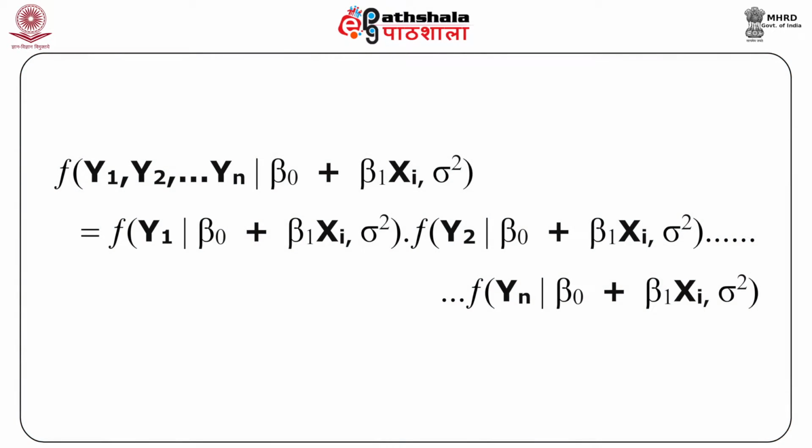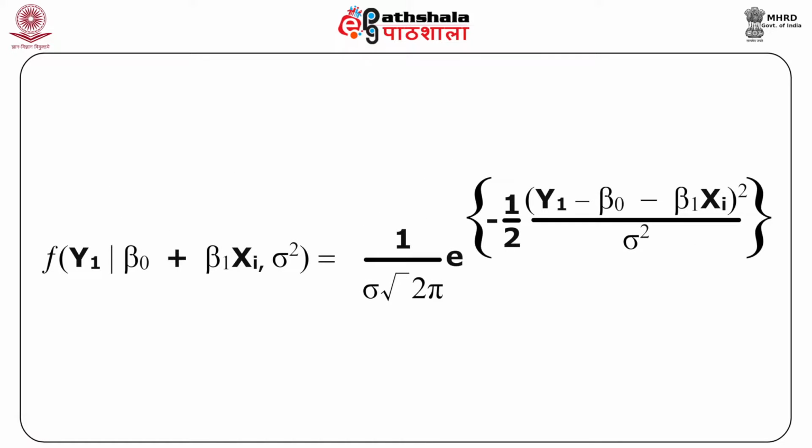Also, f(y1, y2, ..., yn | b0 + b1xi, sigma square) is equal to f(y1 | b0 + b1xi, sigma square) f(y2 | b0 + b1xi, sigma square) and so on, as the y's are independently distributed.